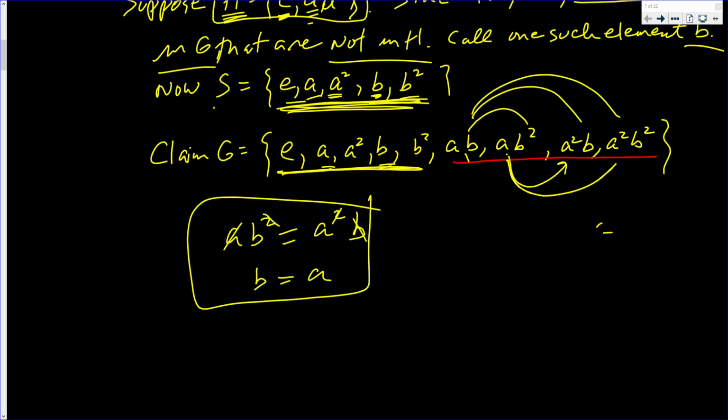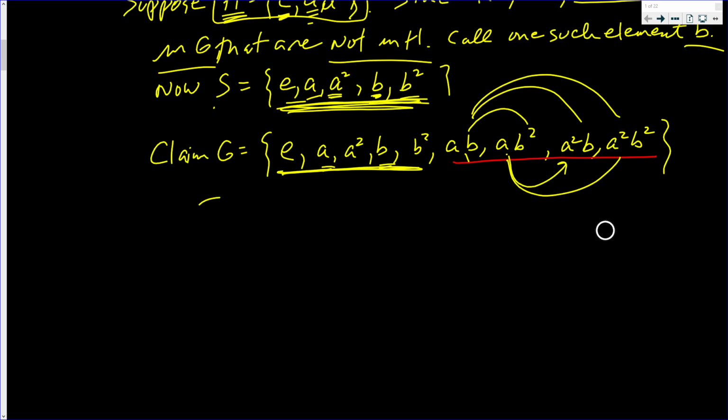Can AB squared equal A squared B squared? Well, I would kill off B squared on both sides and say A equals A squared. No. And if you didn't like that, kill off an A here, kill off an A here, and you get A and E being equal. That's not true. A was different from E.